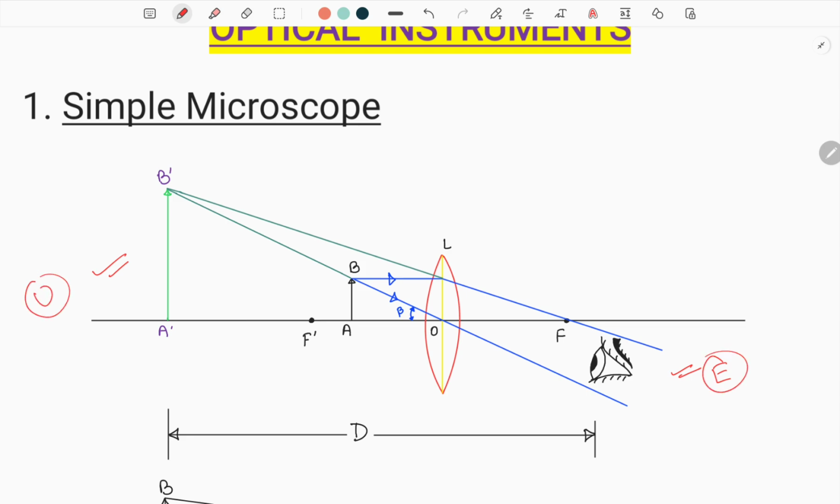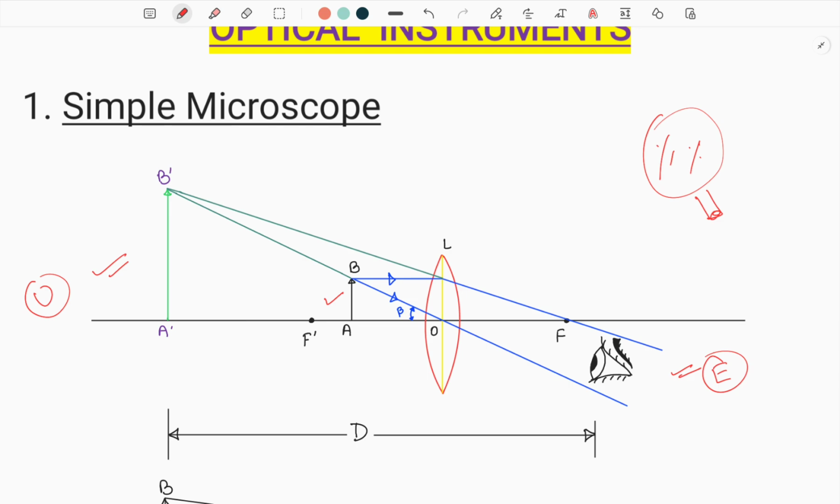This will be the eyepiece side and this will be the objective. Since a simple microscope is basically a lens like this, this part which you hold in hand, and here you will get the magnified view. In this simple instrument, the object AB is placed such that it is lying between the optical center and focus of the lens.